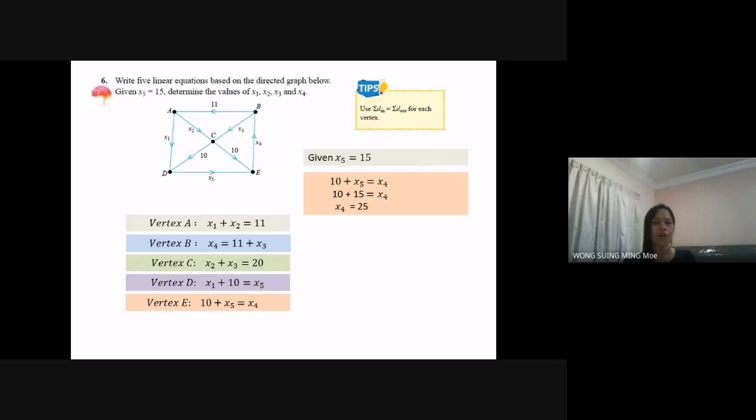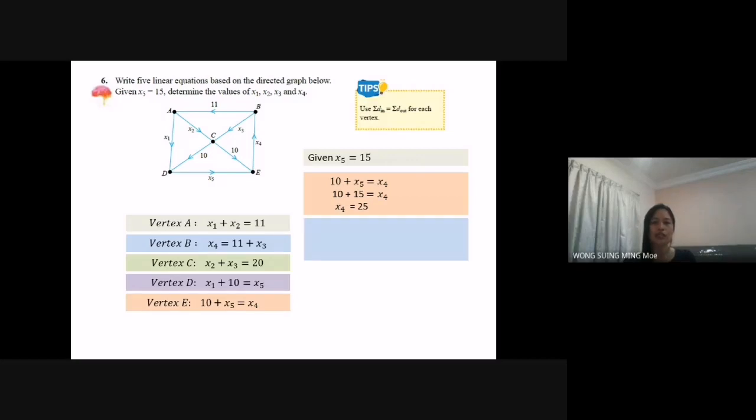Okay, now we already have the value of S4. So I can substitute S4 equal to 25 into an equation that has S4. Either vertex B or vertex E here. Any one.